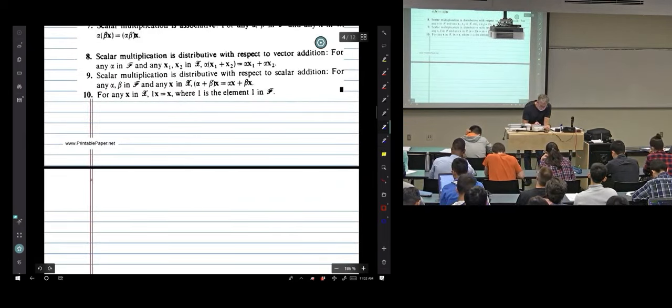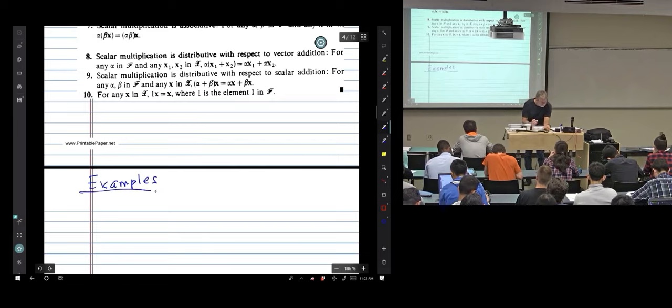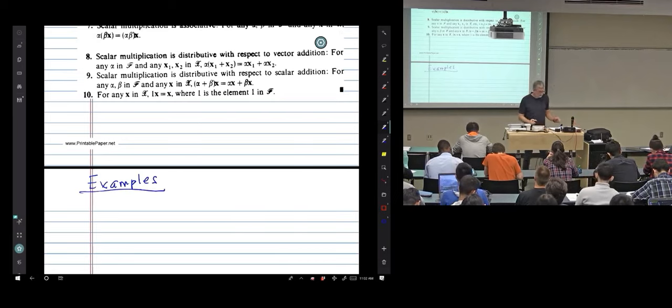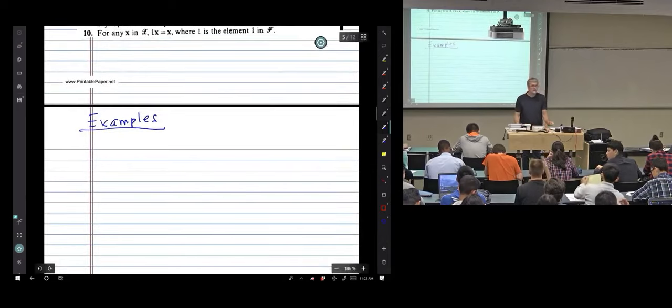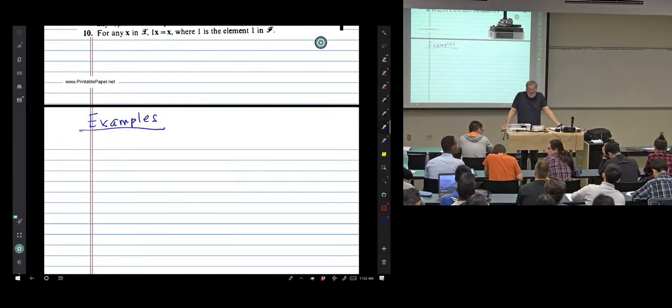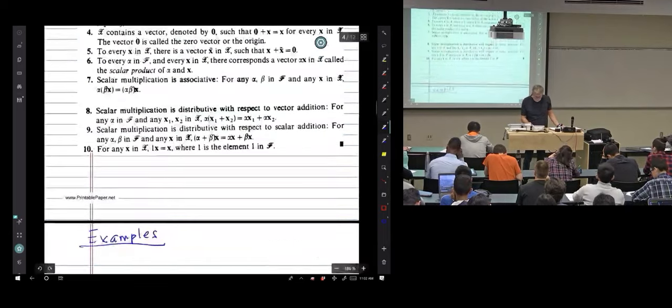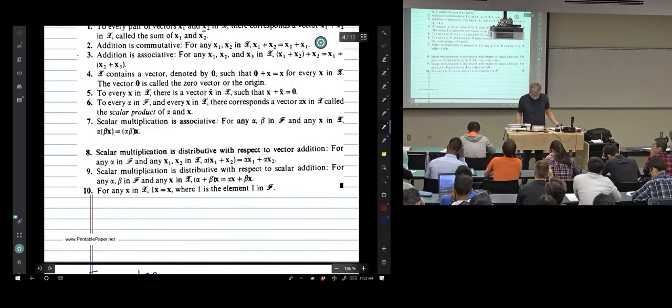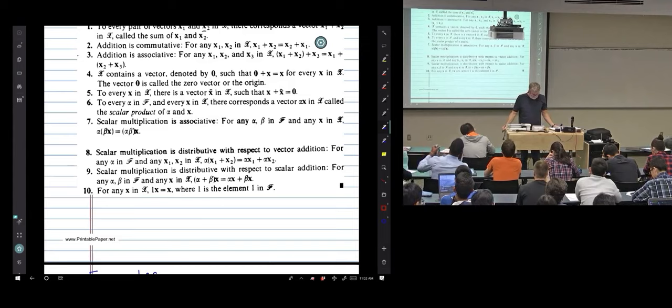So, let's do examples. Question, please. Do we really need number 7? Because it's a scalar, does that mean it's already satisfying? That alpha beta could already be written as a single scalar.